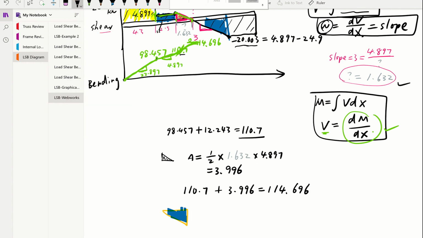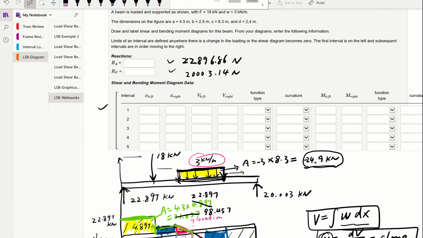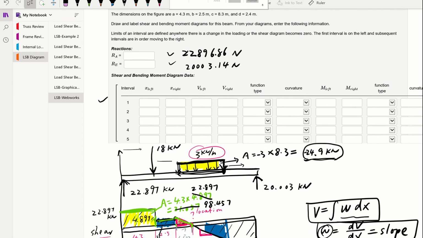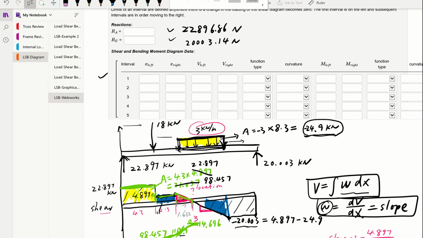So this area is going to be equal to half base. What's our base? We're going to go back to our geometry to figure out. Oh, how do we figure out this?